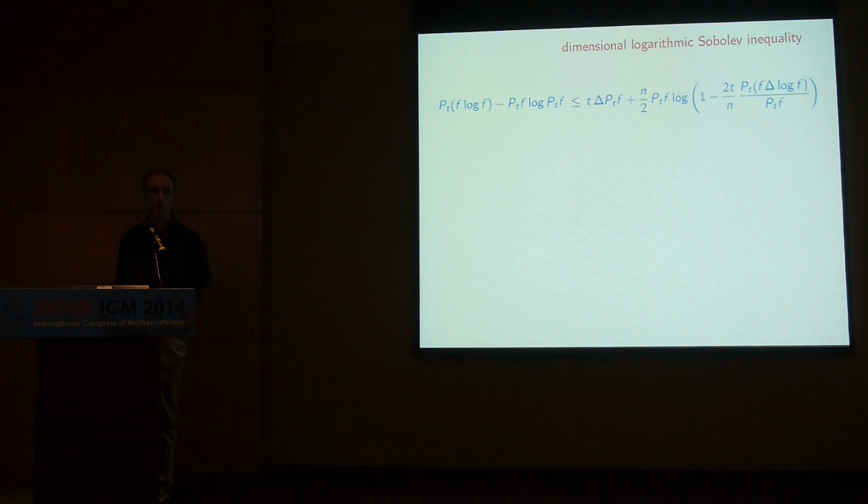It's a kind of dimensional form of the logarithmic Sobolev inequality. It's a bit heavy, but it's clear that it's an improvement of the logarithmic Sobolev inequality, either by the simple inequality log of 1 plus x is less than or equal to x, or better when n goes to infinity, because this is precisely the dimension-free feature of the logarithmic Sobolev inequality. So we will not be interested in this inequality, which is interesting by itself.